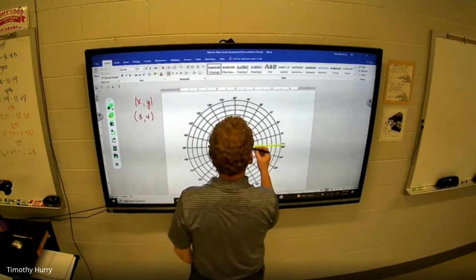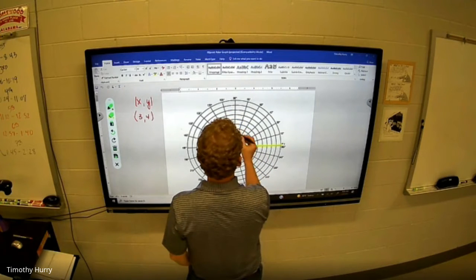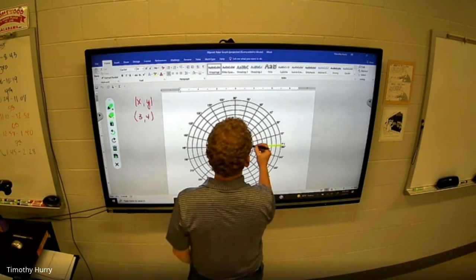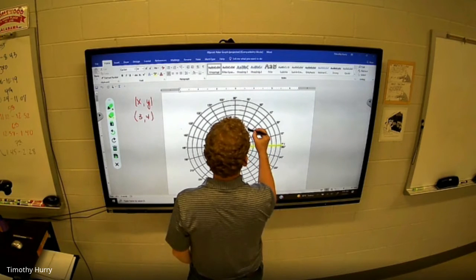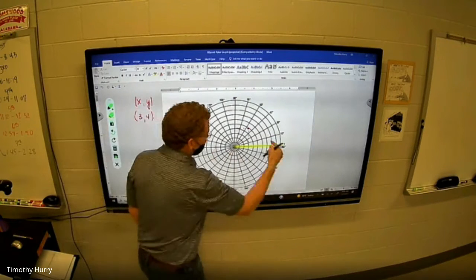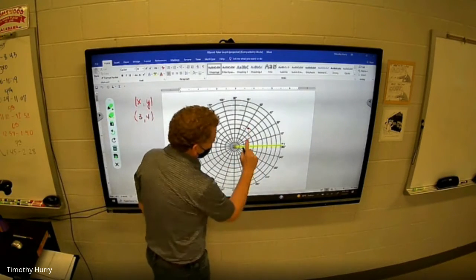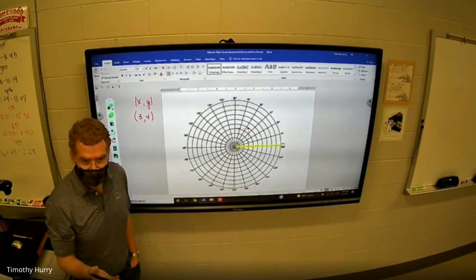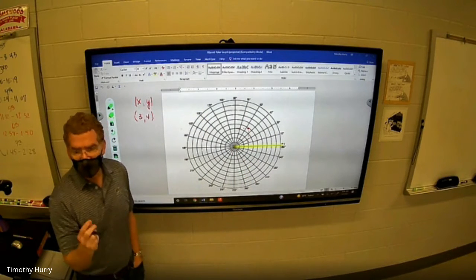And then you would go up 1, 2, 3, 4. So it would look something like right here. Okay? So if this was a big X and Y, I would have gone over 3, up 4. Are you with me?